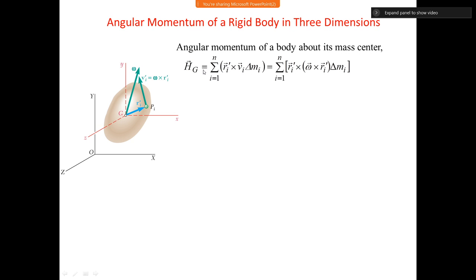If I write the angular momentum about the center of mass G, here we have a fixed frame O xyz, and then we have another frame which is G small xyz.